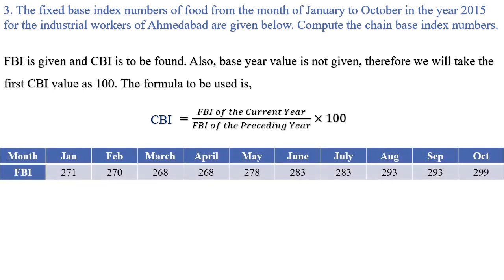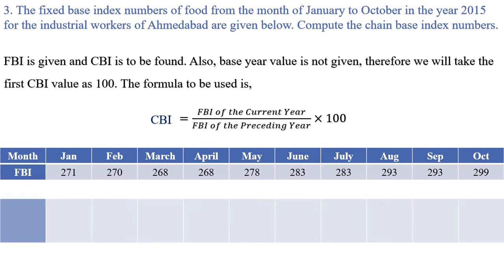Now the data given is in the months, January, February, March, etc. The FBI values are also given. We have to start with CBI. The first CBI value will be 100. Next, we have to take 270 divided by 271 into 100, that is 99.63. Then 268 upon 270 into 100, 99.26.